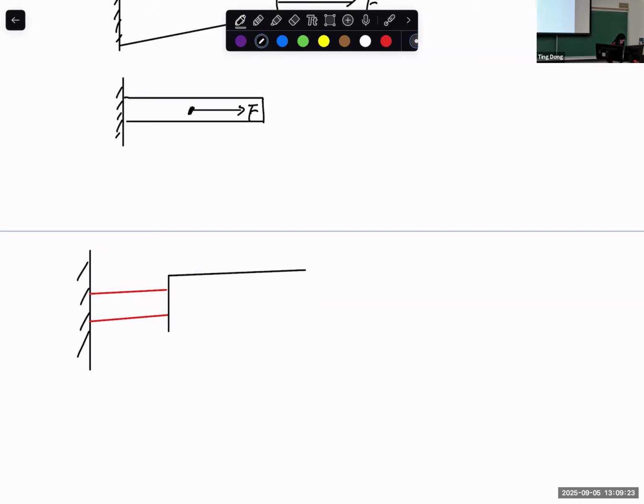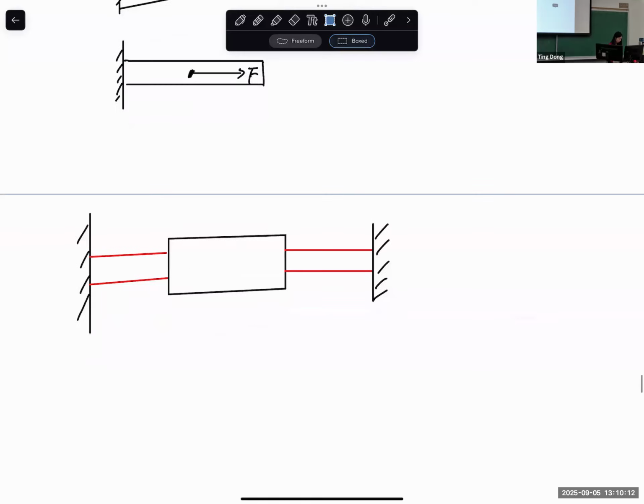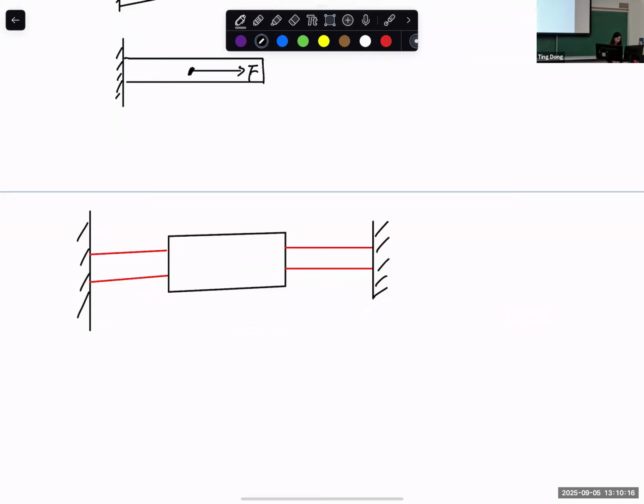So it's a bar system composed of 3 sections, and it's clamped on both sides.